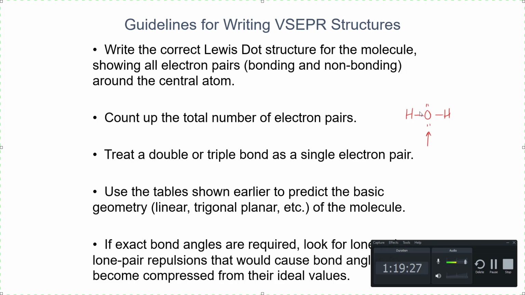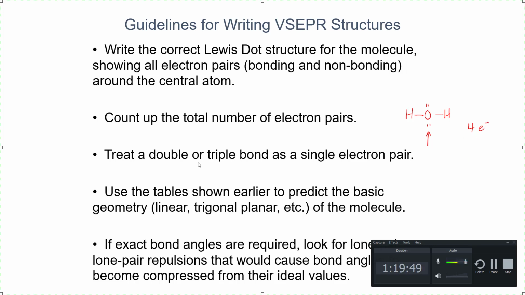So in this case, I have 2 bonding pairs and 2 non-bonding pairs, which means I have a grand total of 4 pairs of electrons.